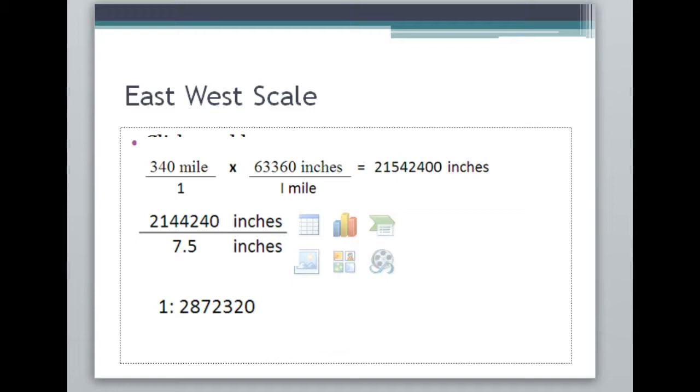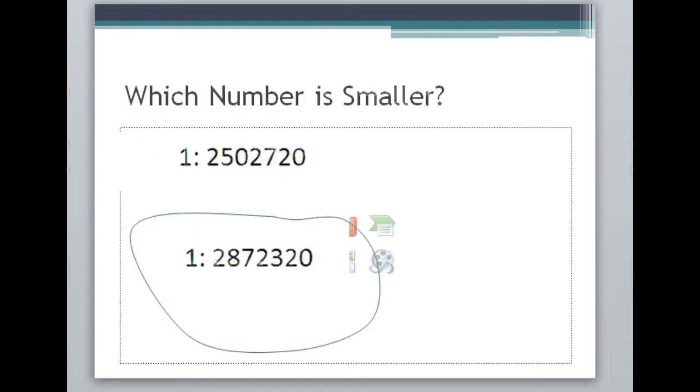Okay? For the east-west extent, I have to do the same thing. So how many inches is 340 miles? So I multiply that, I divide that by my allowable space, and I get my reduction of 1 to 2,872,320. Then I need to look at both of those and decide which scale I need to use, right? So when I look at these two scales, I have to choose the number that is the smallest.